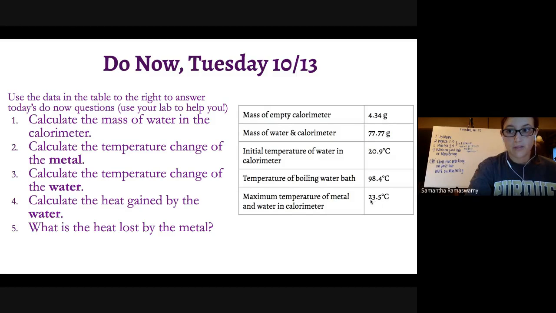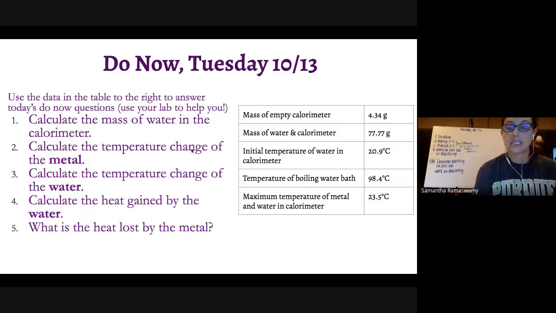That's 23.5 degrees Celsius. Remember, to calculate temperature change, that's delta T, you always do final minus initial, no matter what. So final is 23.5 minus initial, 98.4. You would get negative 74.9 degrees Celsius for the metal.